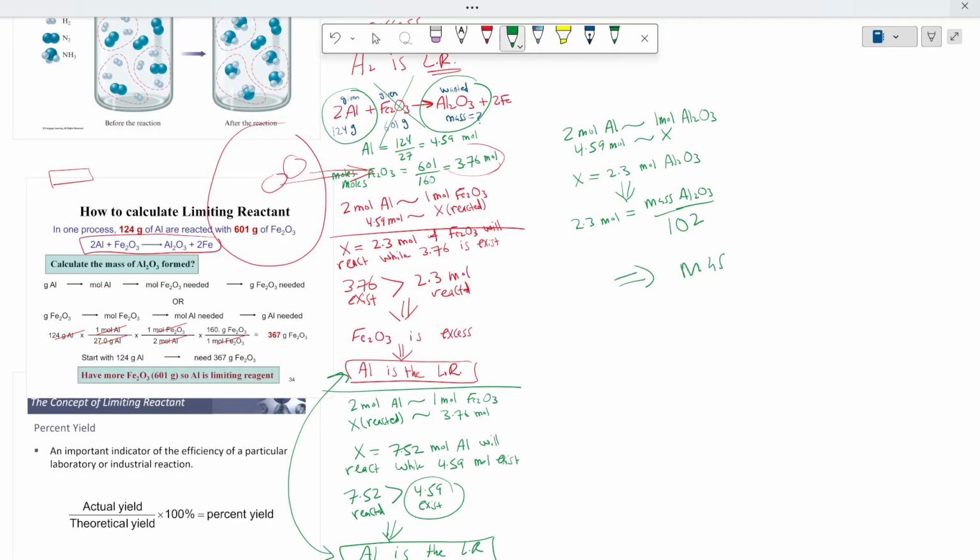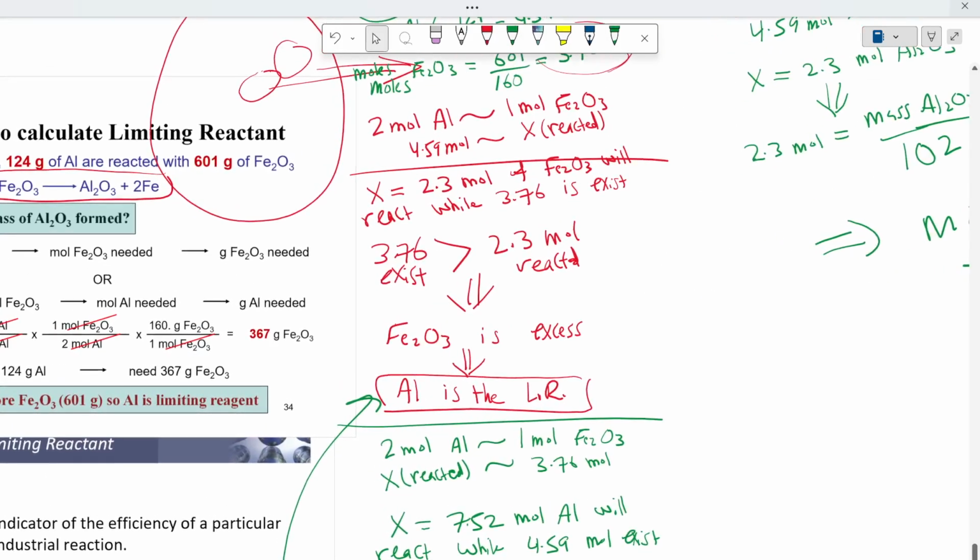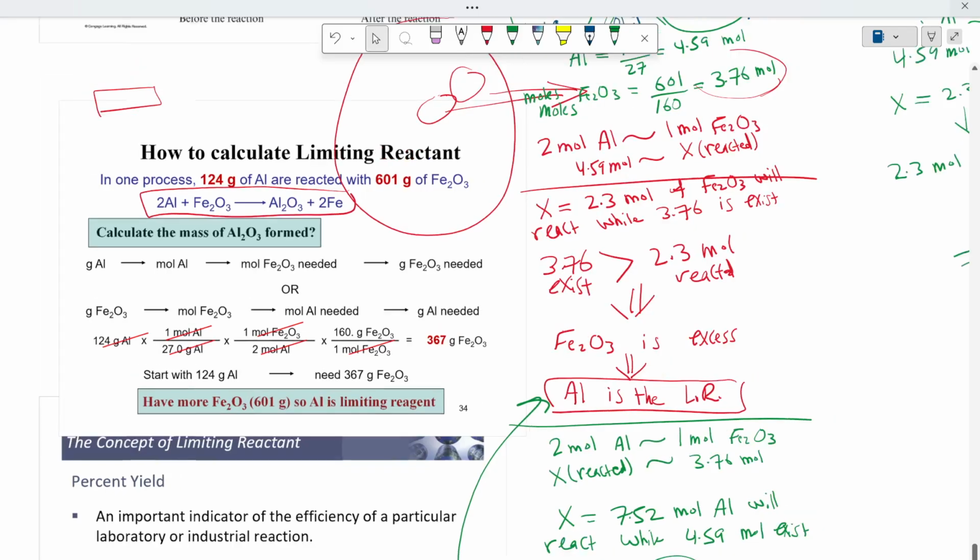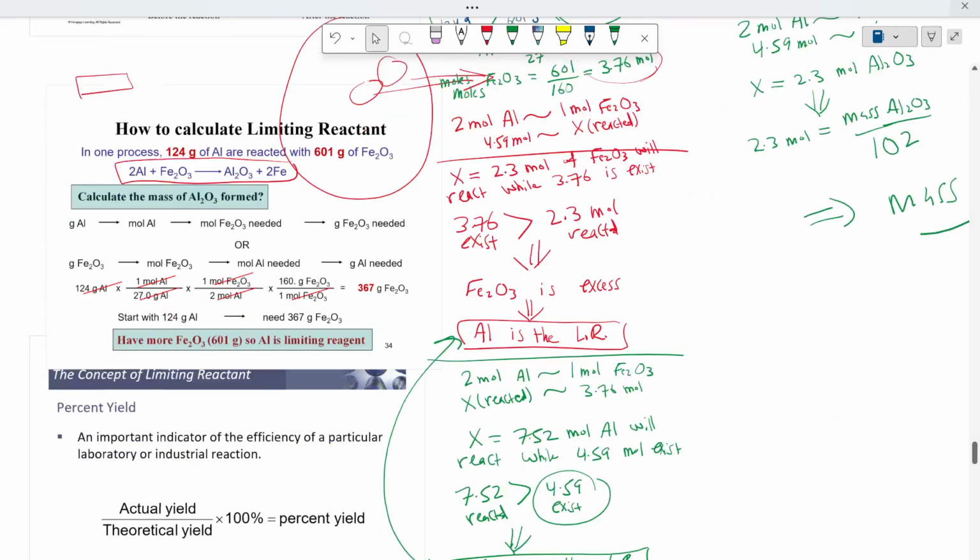So the mass equals, the final answer is 234.6 grams. This is how to determine the mass.